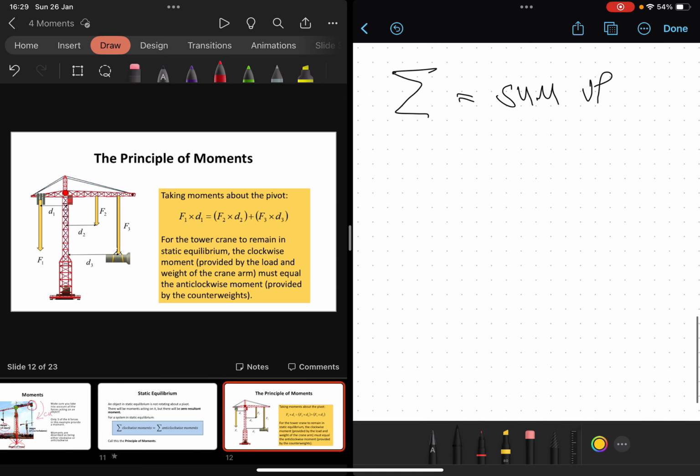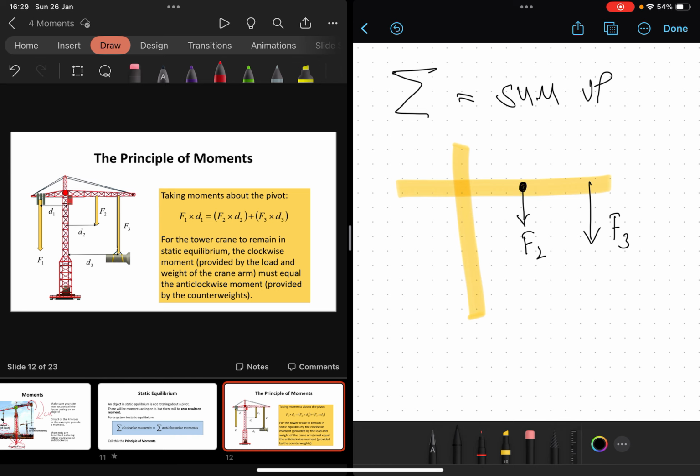Okay, so let's redraw my crane. So there's the crane structure, and we've got a force which is the load that we're trying to pick up, that bit of pipe or something, force number 3. We've got this force here, F2. Now, it's not obvious what that is, but it's where it is that's going to help us to work that out.